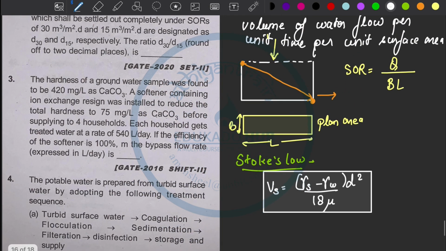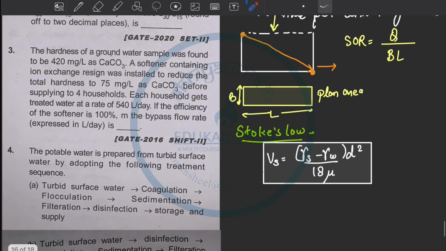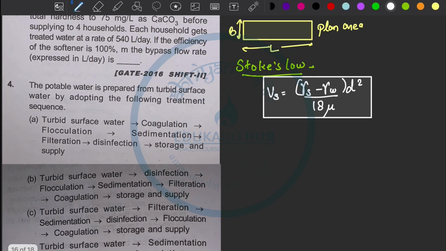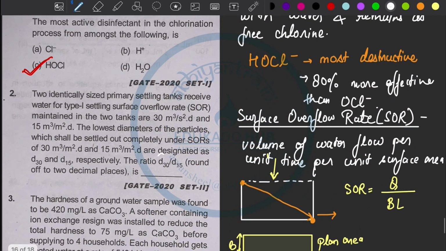Now for the calculation, in the question we have been given that the surface overflow rate or settling velocity is 30 and 15 meter cube per meter square per day. So the settling velocities are Vs1, let's say 30, and Vs2, let's say 15. So Vs1 upon Vs2, and they want us to find the ratio of diameter.